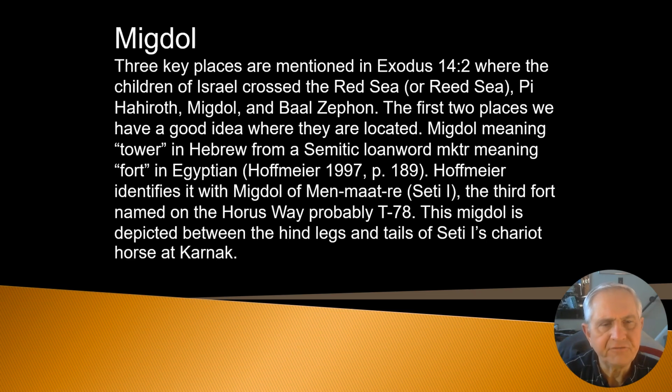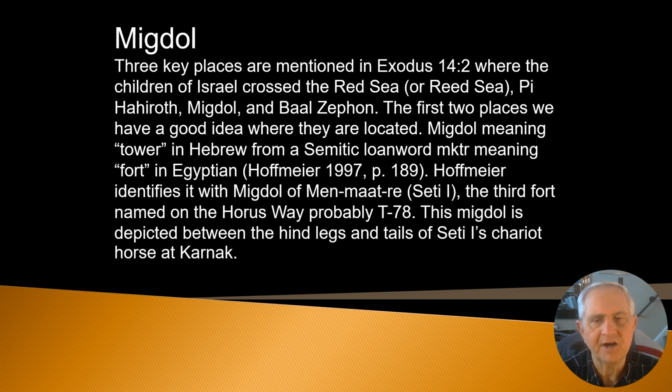This is the third fort named on the Horus way to Gaza, and this is probably T78, which is marked. This Migdol is depicted in the hind legs and tail of Seti I's chariot horse at Karnak.